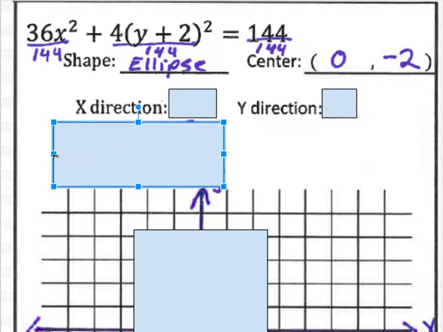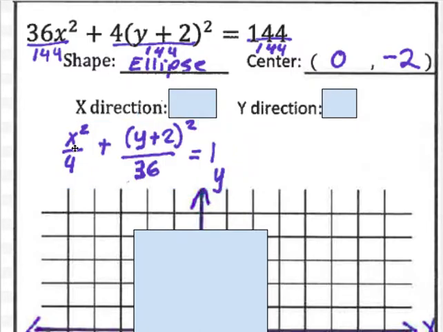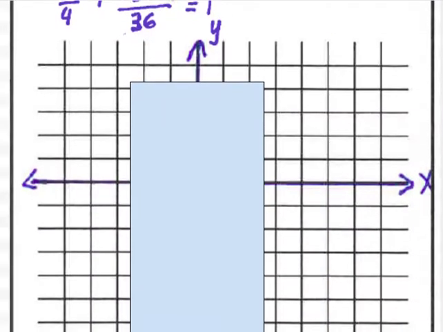And then when I divide all of my terms by 144, I get x squared divided by 4 and y plus 2 squared divided by 36. And then that's going to equal 1. Okay, square root of 4 is 2, so my horizontal radius is 2, and my vertical radius, the square root of 36, is 6. Okay, so let's look at the graph.